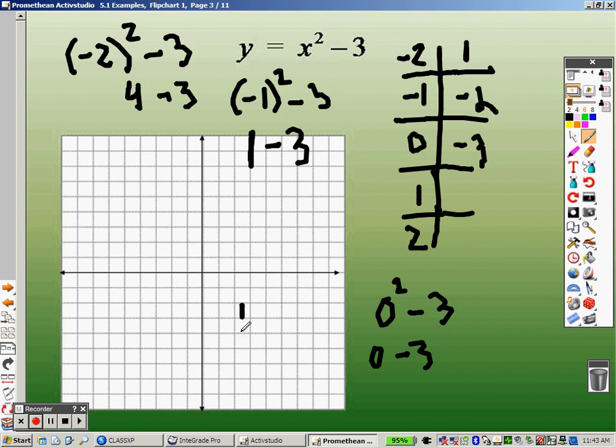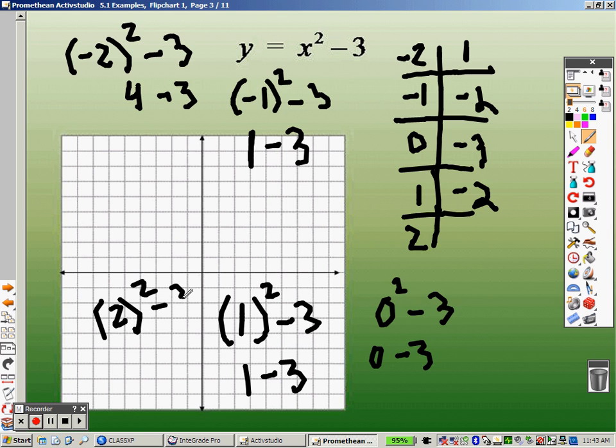When I plug in a 1, 1 squared minus 3 is like saying 1 minus 3, and 1 minus 3 is -2. When I plug a 2 in, 2 squared minus 3 is like saying 4 minus 3, which is also 1.